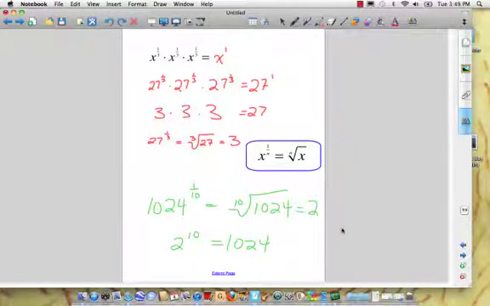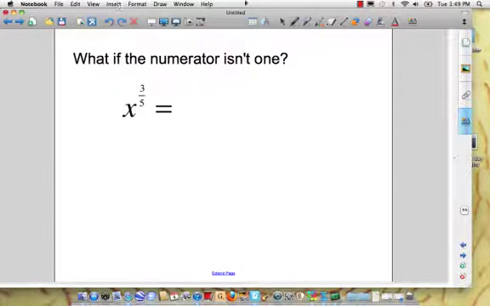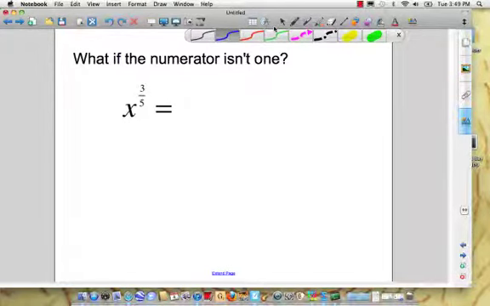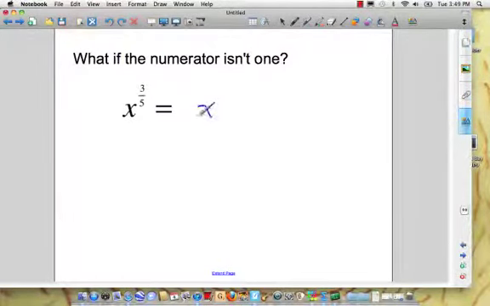All right, so that's what you do when you have an exponent where the numerator is 1. You just take the denominator, and that's the root you look for. Okay, what if the numerator isn't 1? So for example, suppose you have x to the 3/5. Well, I'm going to break that apart and say that's the same as x to the 1/5 times 3, because 3 times 1/5 is 3/5.